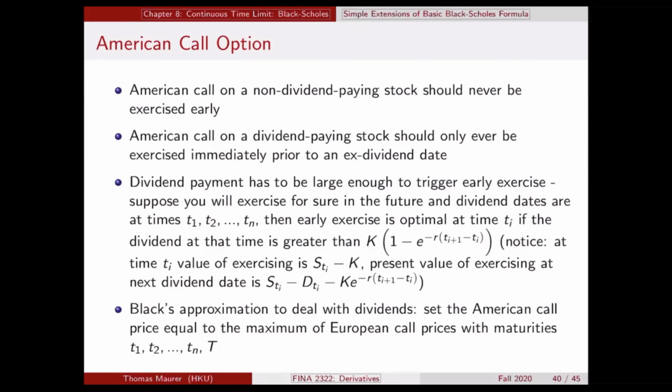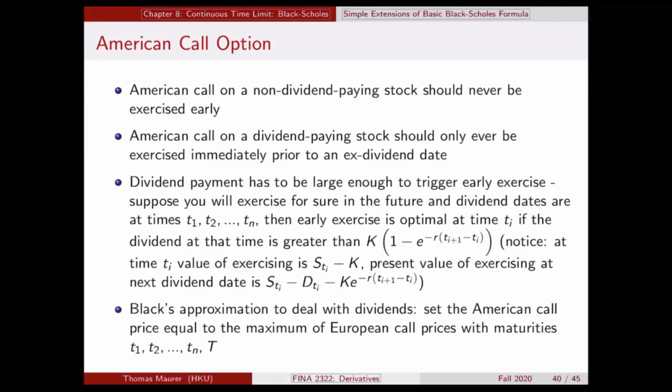And so what we want to do here is find a rule of thumb to figure out when you want to exercise an American call option early, and then what is the approximate value of an American call option using the Black-Scholes formula. So the idea is the following.